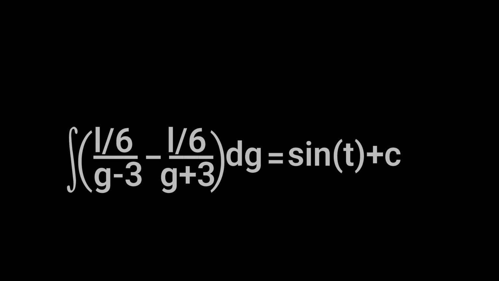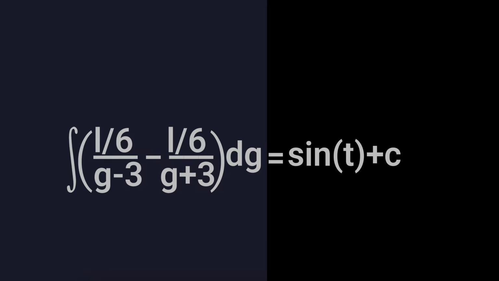Now here's what we have once we plug in the values for a and b. We have the integral of (1 over 6) over (g minus 3) minus (1 over 6) over (g plus 3) dg equals sine of t plus c. Now we can integrate the left side.